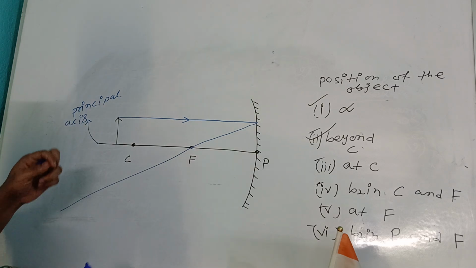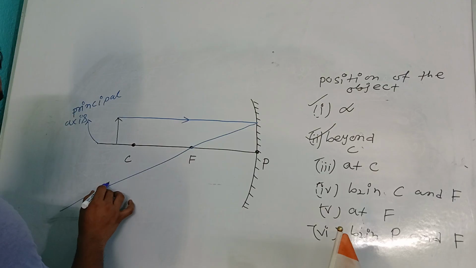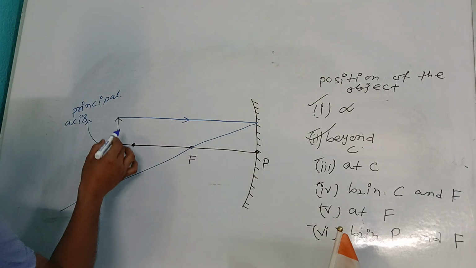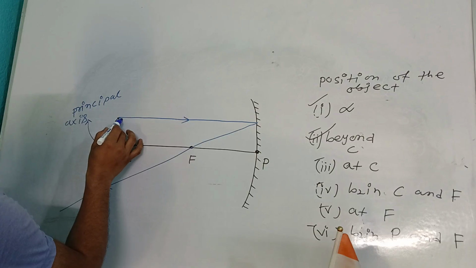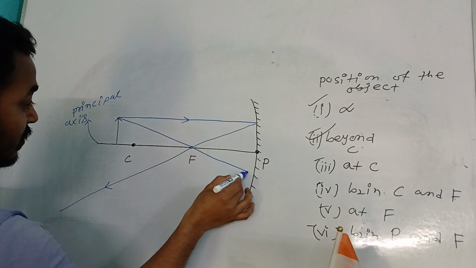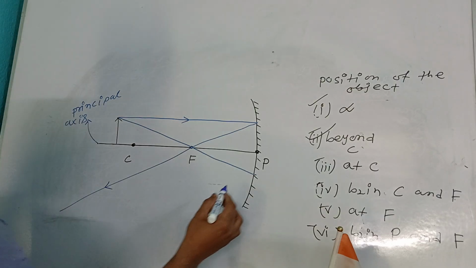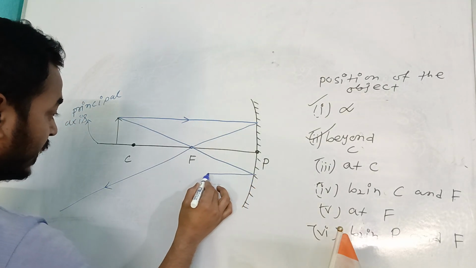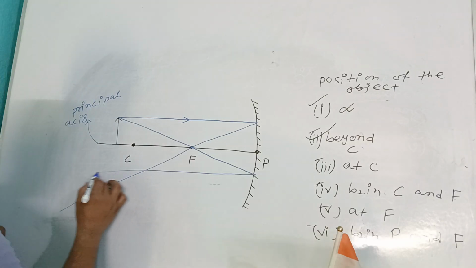Next, minimum condition, you have to take 2 incident rays. Another incident ray, when it is passing through the focus, after the reflection it will be parallel to the principal axis.